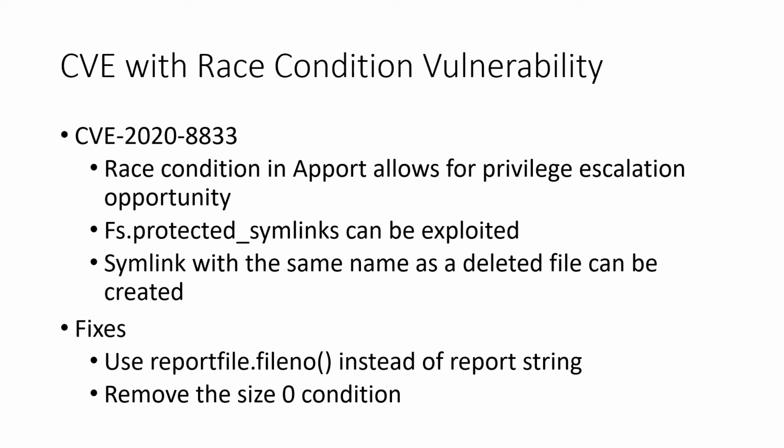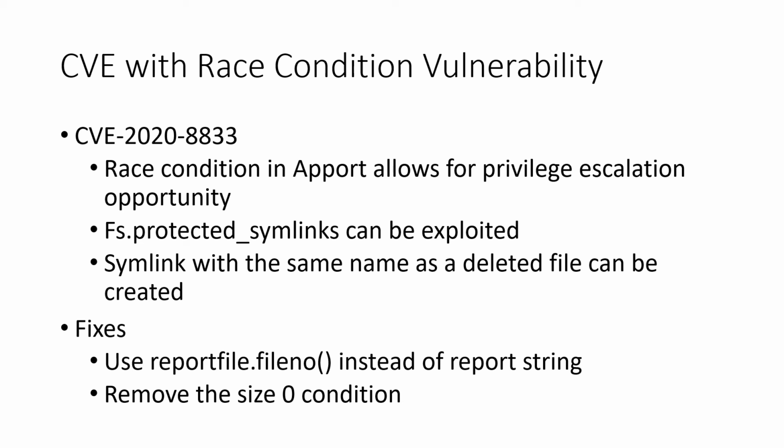So now let's talk about a real-life occurrence of a race condition, since we understand a bit more about the general idea of a race condition. CVE-2020-8833 suffers from a race condition error. Essentially, in this CVE, a time-of-use race condition vulnerability occurs on the ownership change of the crash report.